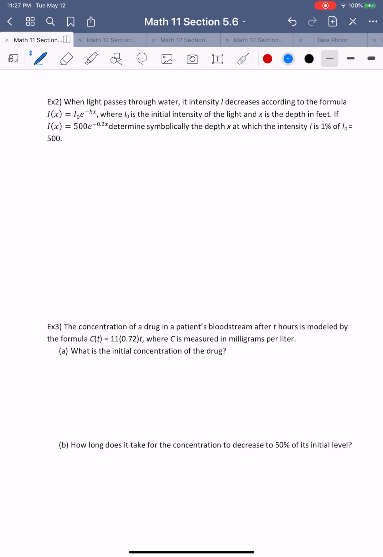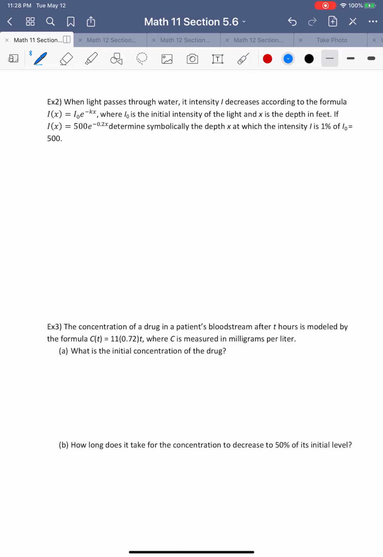When light passes through water, its intensity I decreases according to the formula I of x equals I sub 0 times e to the negative kx, where I sub 0 is the initial intensity of the light and x is the depth in feet.